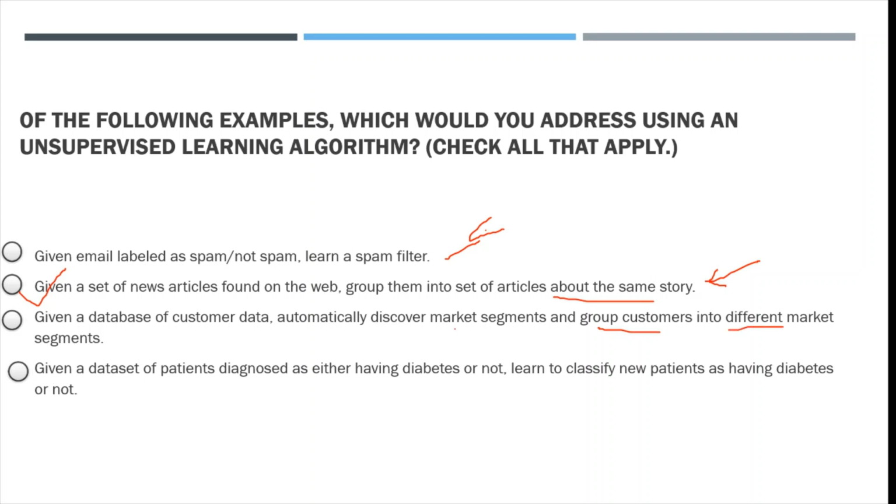Again, this is a clustering example, so this is unsupervised learning. And the last one is: given a data set of patients diagnosed as either having diabetes or not, learn to classify new patients as having diabetes or not. This is a classification problem of supervised learning.